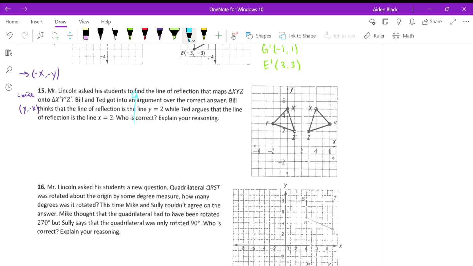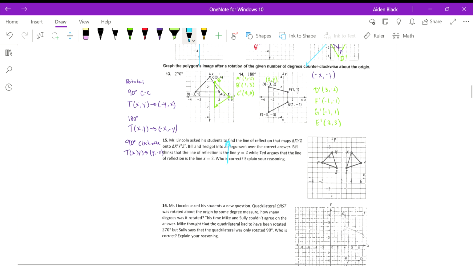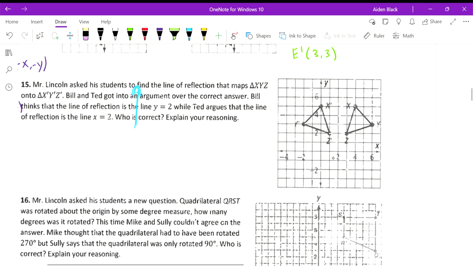You need to remember that the line Y equals 2 is a horizontal line, so that looks like this. Does it look like a reflection over that line? No, it does not, but it does look like it's a reflection over the line X equals 2.